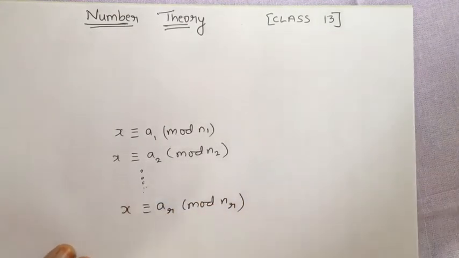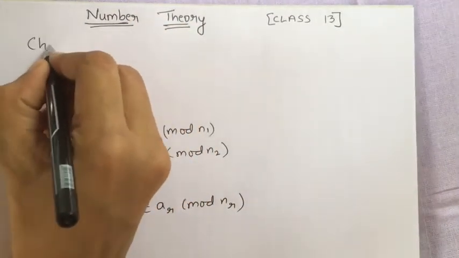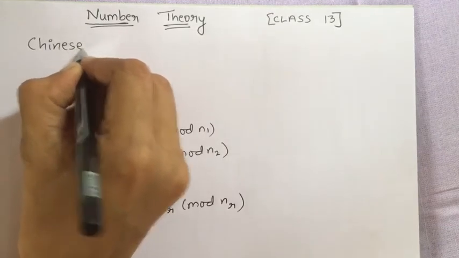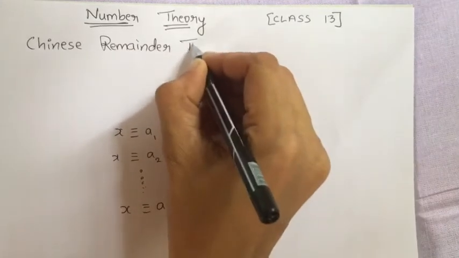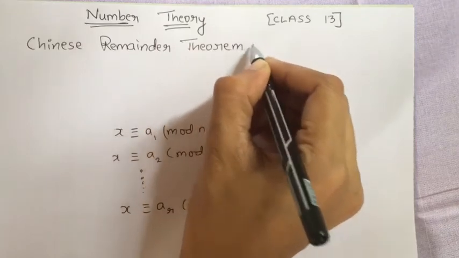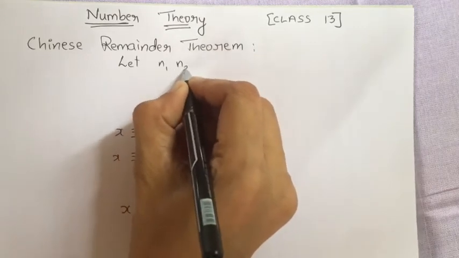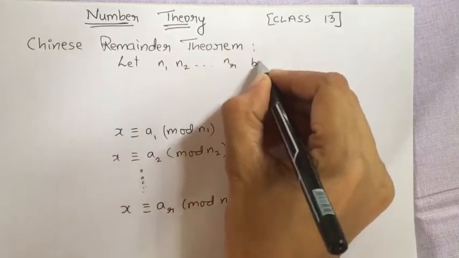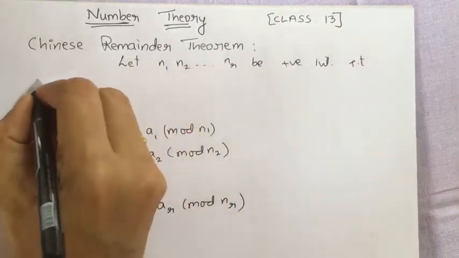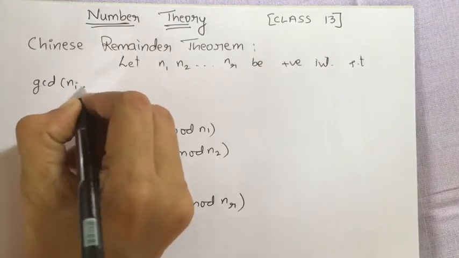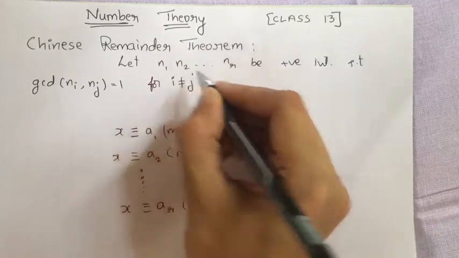Okay, this is explained well by using the Chinese remainder theorem. It says let n1, n2, up to nr be positive integers such that GCD of ni, nj is equal to 1 for all i not equal to j.